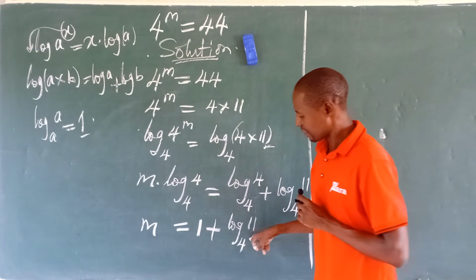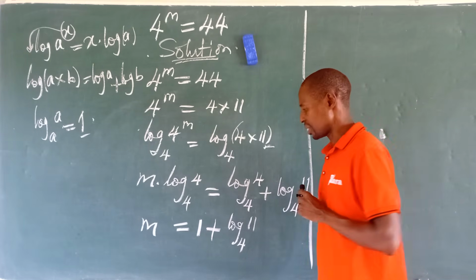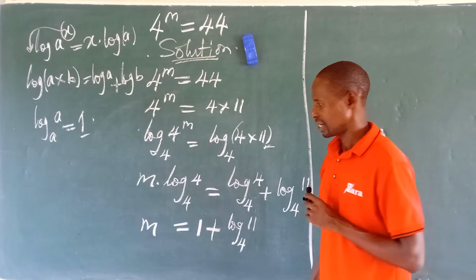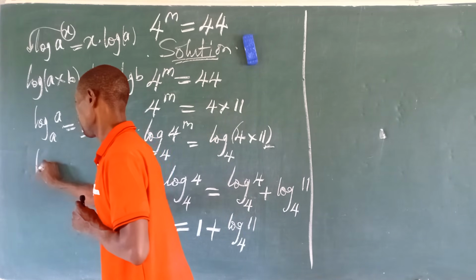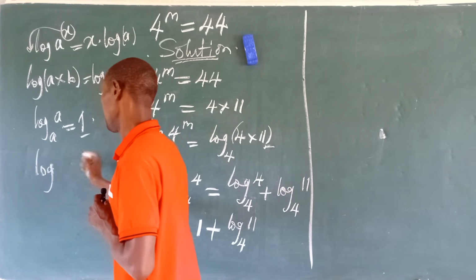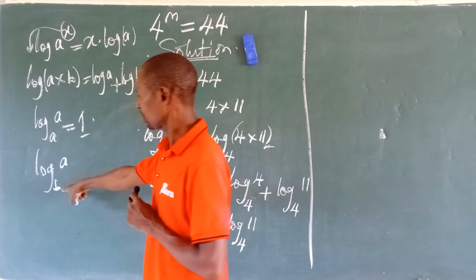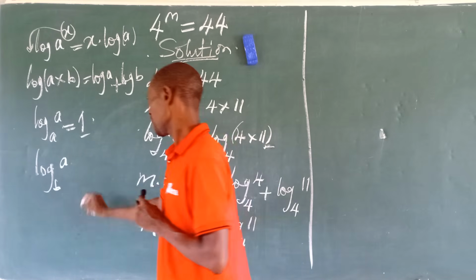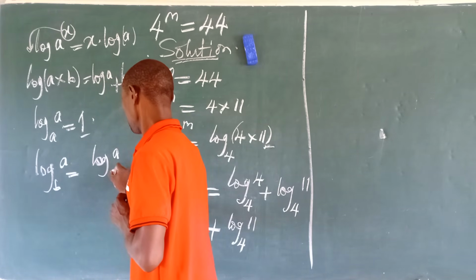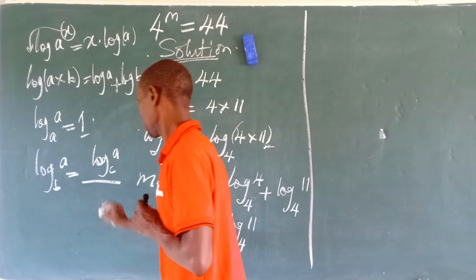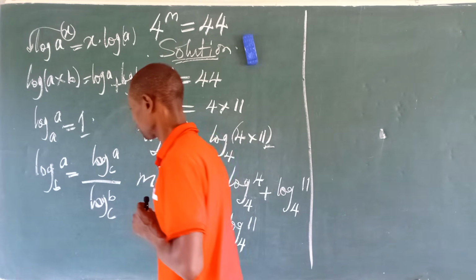So let's continue on this side. Now check out this here. Here, we want to convert to base 10. And there is a law which says that if you have log a base b, and you want to change this base to base c, this is going to give us log a base c all over log b base c.